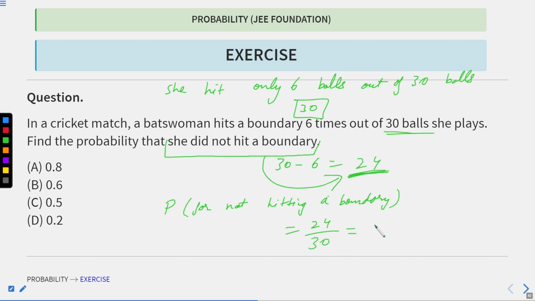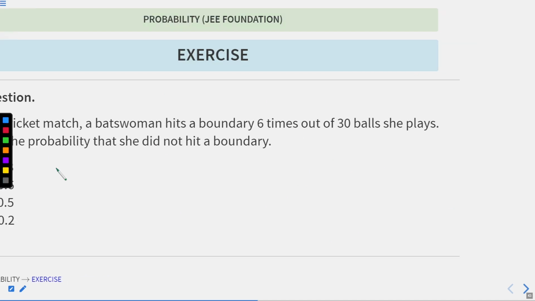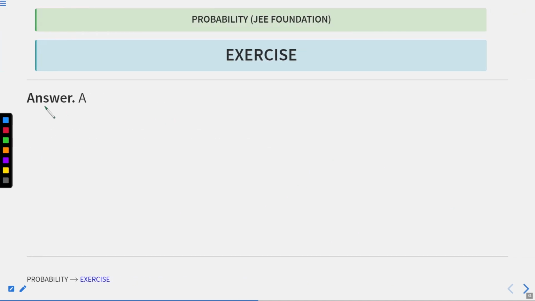By solving it, 6 times 4 is 24 and 6 times 5 is 30, and this is 0.8 if you see. So this will be my answer, option A. I hope you understood what the question said. And let's see. Yes, indeed, our answer is A.